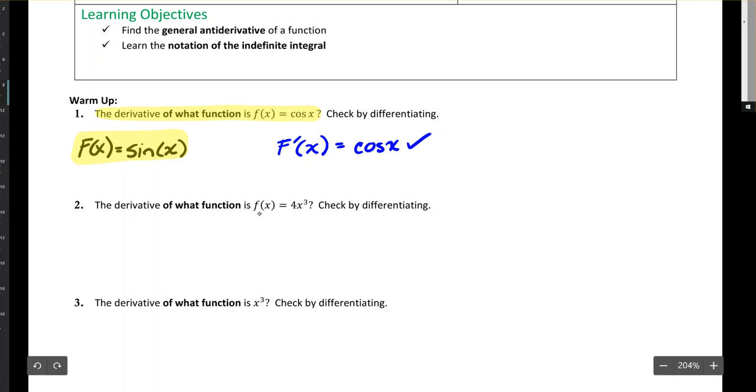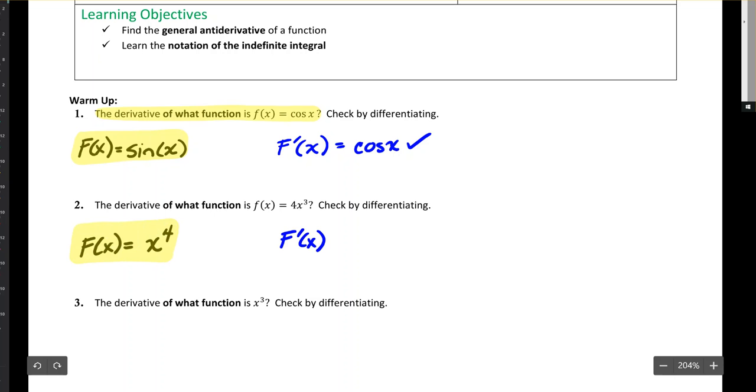The derivative of what function is x to the 4th? Again, pause and take a moment with this. All right. Maybe you came up with the derivative of x to the 4th is 4x cubed.